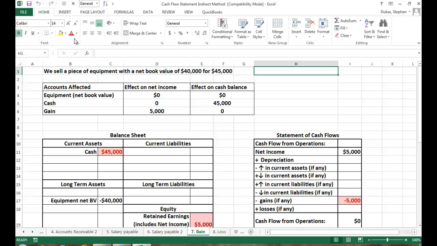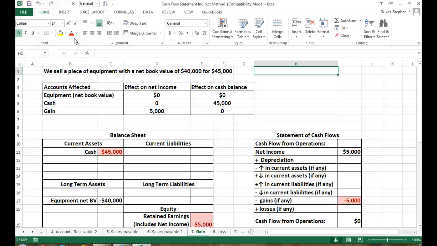That involves getting rid of both the equipment account and the accumulated depreciation. We're going to get $45,000 in cash. However, the equipment's only worth $40,000. So we're going to have to recognize a gain of $5,000. That gain affects net income.